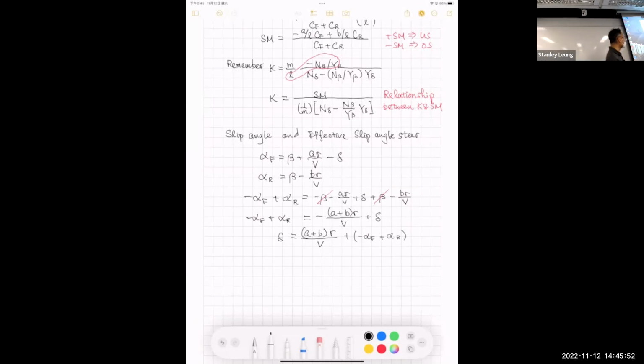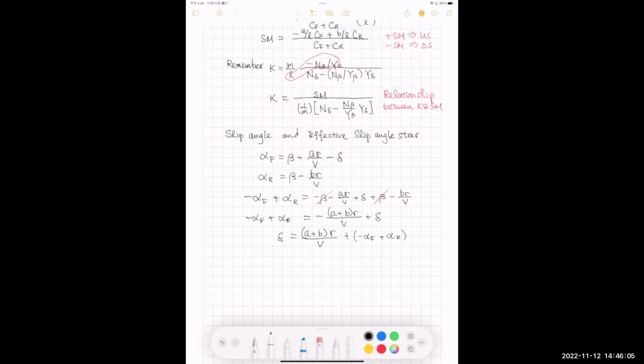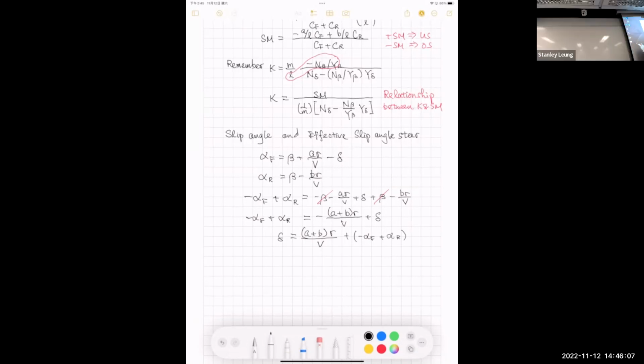You remember this is the true steering, this term is your optimum steering, and these two are your slip angle steering. If your slip angles cancel out, you have pure optimum steering.